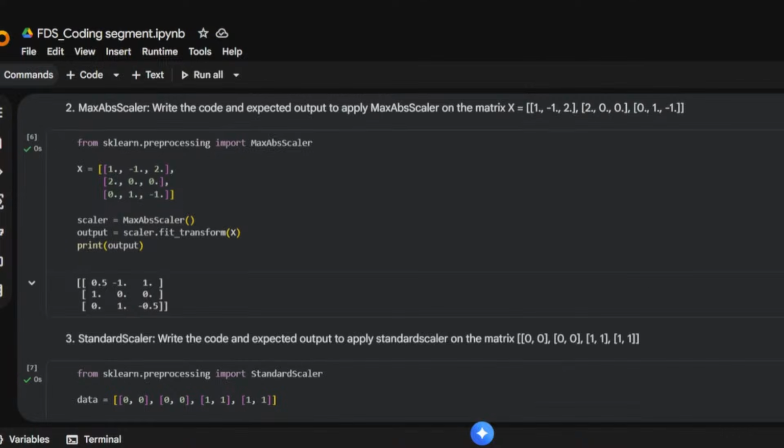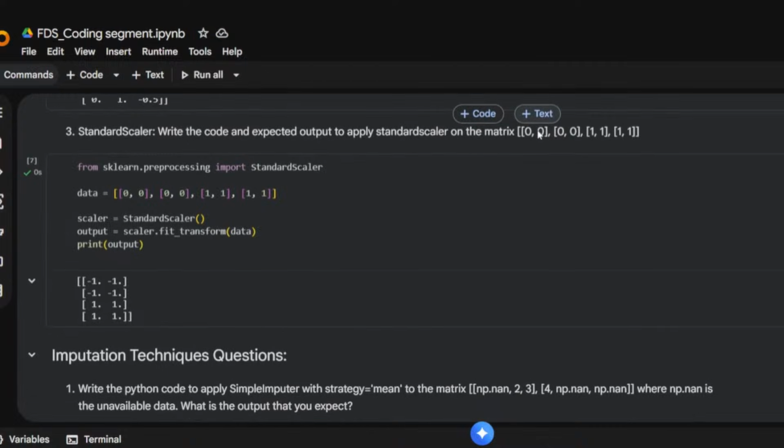Okay, next question. This is a standard scaler question. First line, we are importing the module, then setting the data to a variable, creating the scalar object.